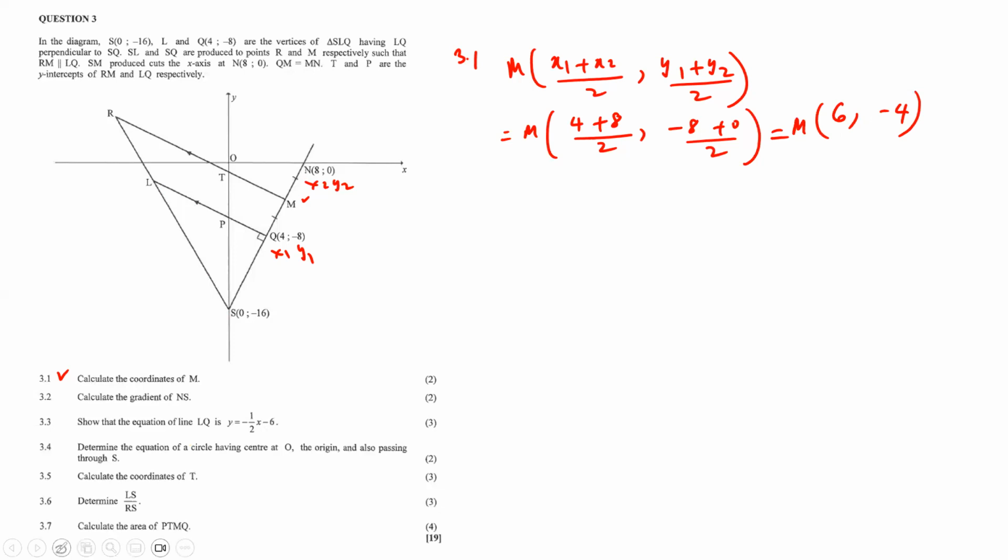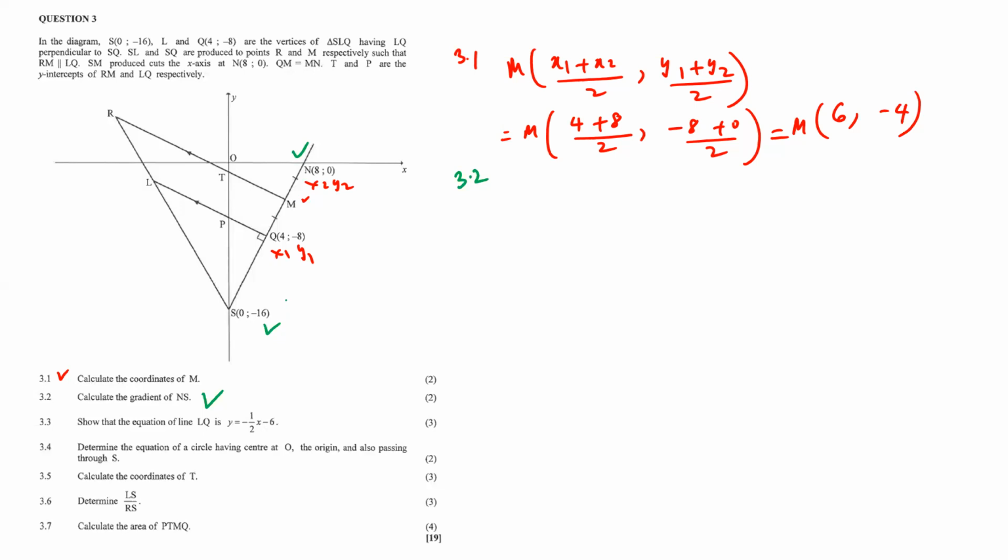We continue now to look at the answer to 3.2. We want to calculate the gradient of NS. Here is N, and here is S. The gradient is very straightforward.